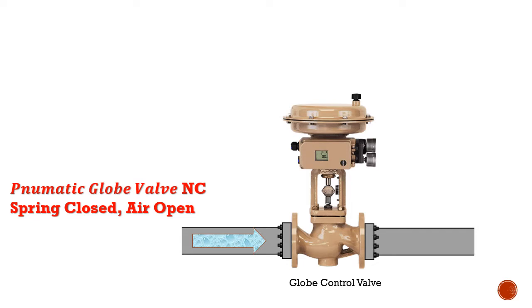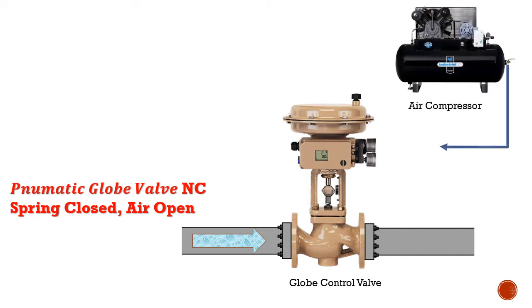So how do we adjust how much we throttle this particular valve? Well, it's pneumatic. And so we give it an air supply. This particular example is what we would refer to as a spring closed air open.